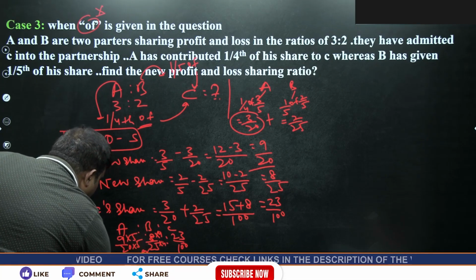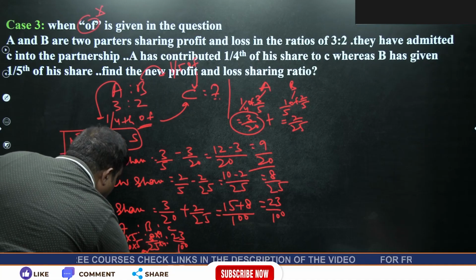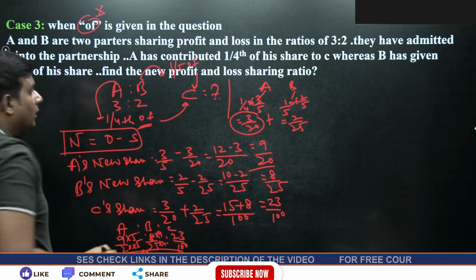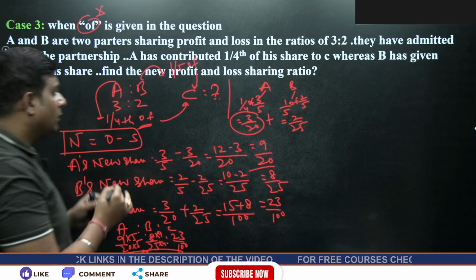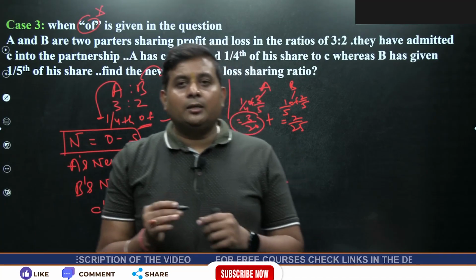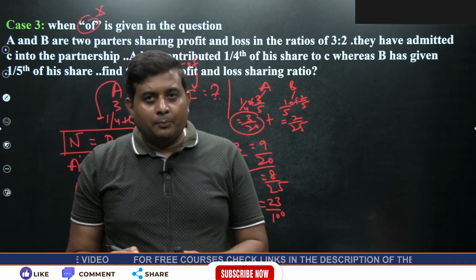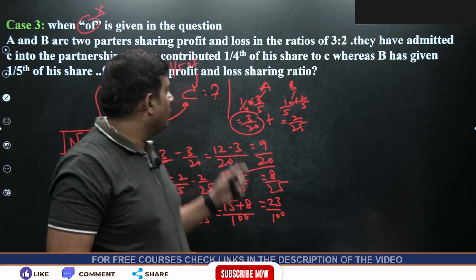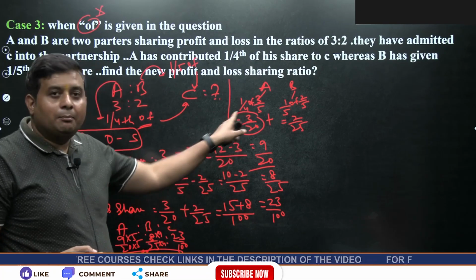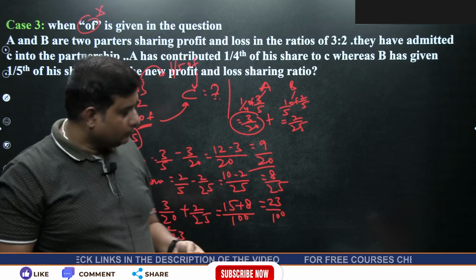So now it should be 45 is to 32 is to 23. This is your new profit and loss sharing ratio. So whenever "of" is given in the question, it simply means there is a sign of multiplication. You can calculate the sacrificing ratio of the partner, whatever the partner is sacrificing, by multiplying it. In the other form, we just directly need to subtract.